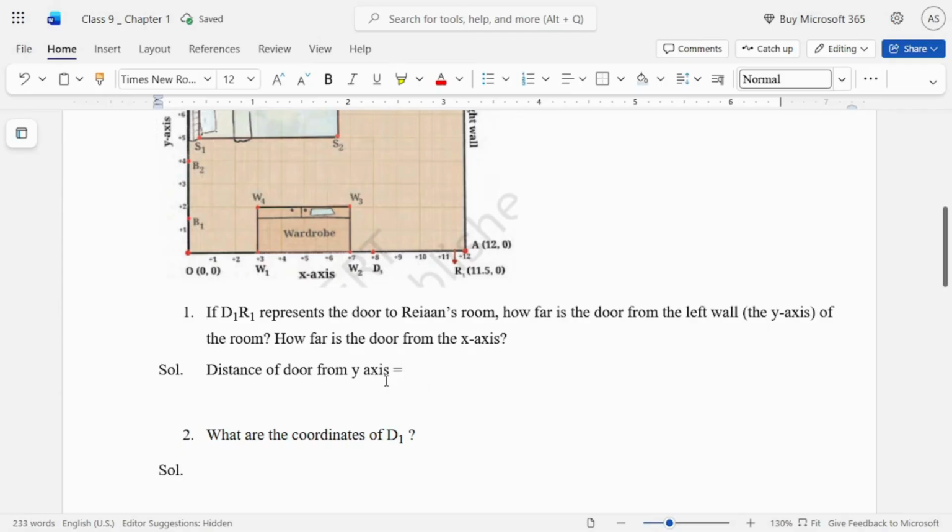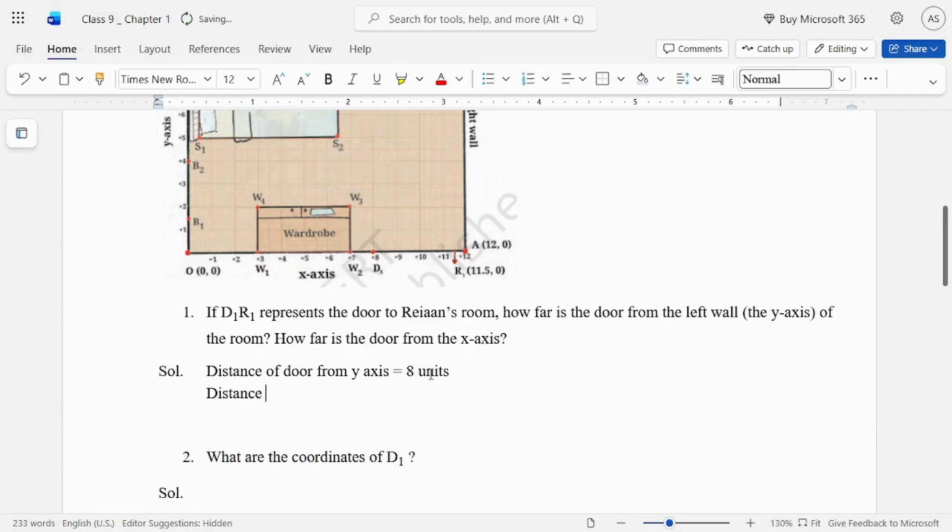So distance of door from y-axis is 8 unit. And to answer the second part, distance of door from x-axis, this will be 0 unit. Why? Because point D1 lies on x-axis.